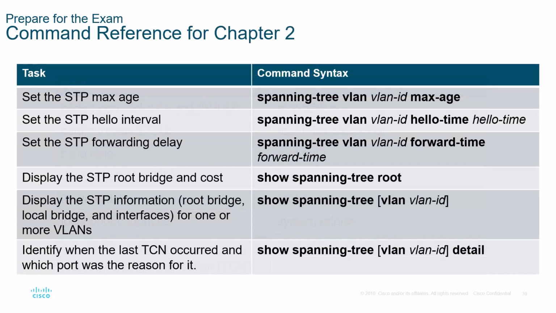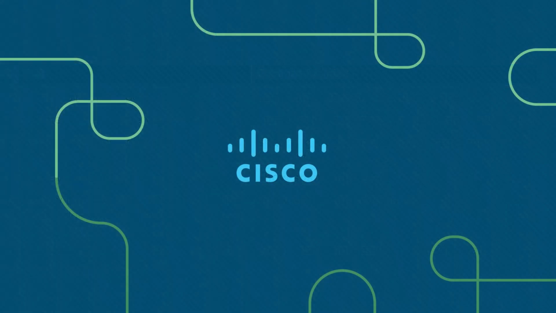We also looked at several command references: spanning-tree vlan, show spanning-tree root, show spanning-tree vlan, show spanning-tree vlan with a specific VLAN detail, and so forth. And that is the end of this chapter.